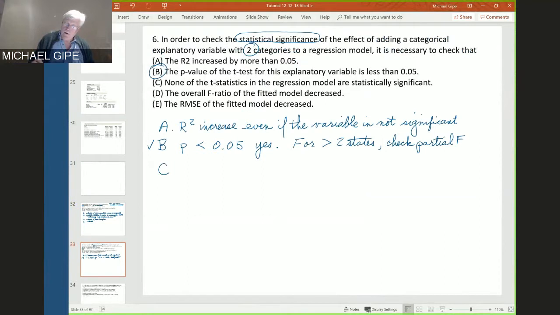How about C? Why is that one incorrect? None of the t-stats in the regression model are statistically significant.